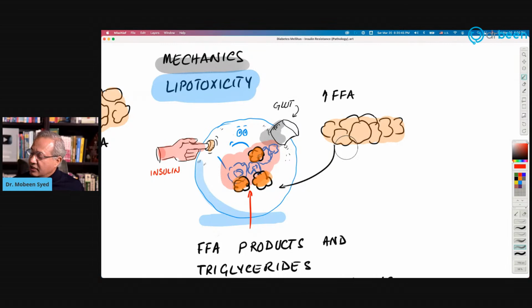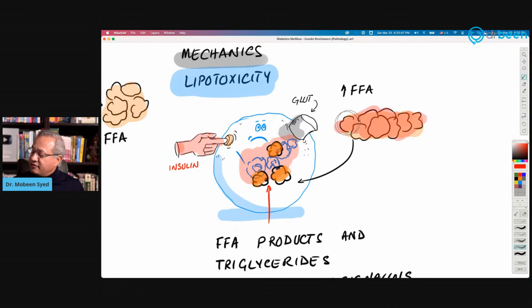So check this out. Imagine that these are the free fatty acids that are poured in the blood by adipocytes. They are just making too much free fatty acids, maybe because I'm obese. Let's use me as an example. I am obese. My fat cells are making a lot of free fatty acids, and they are releasing them in the body because they just have too many of them.